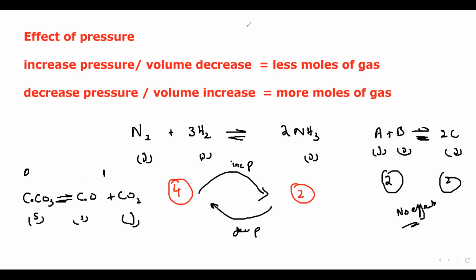When we increase the pressure, it will shift toward the side with fewer moles of gas. On one side we have 1, on the other side we have 0. Because 0 is less than 1, it will shift towards the left hand side.